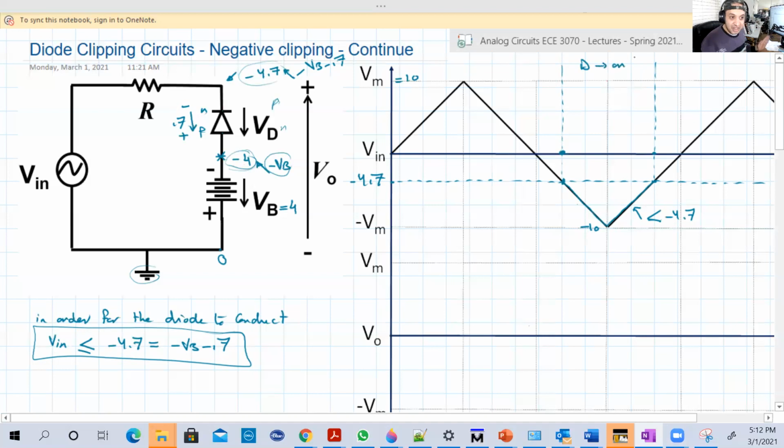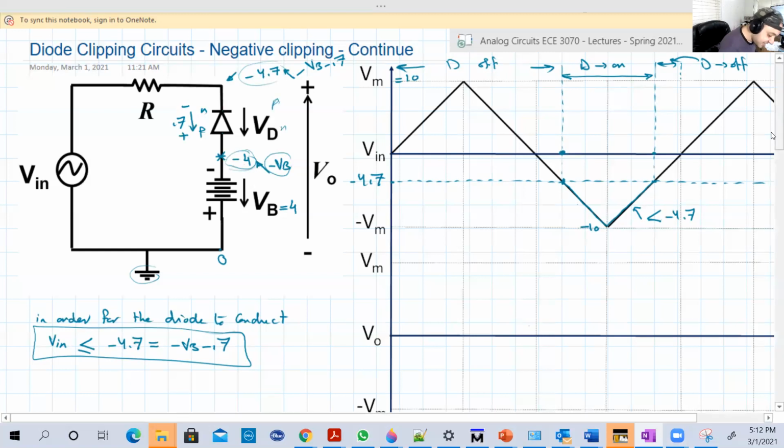Other than this, the diode will be off. So basically, from that point to that point, the diode is off. And also in that small region here, the diode is also off. Only here, the diode is on.